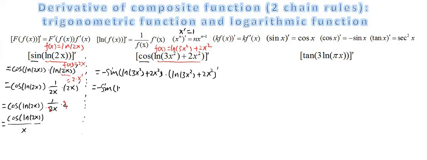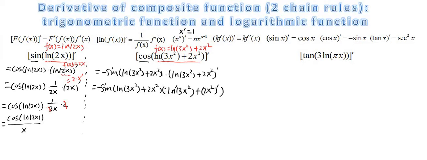Okay, so we have negative sine of ln 3x squared plus 2x squared times the ln 3x squared prime plus 2x squared prime.